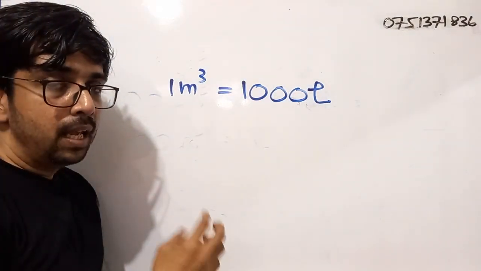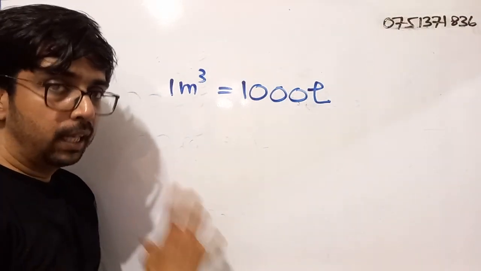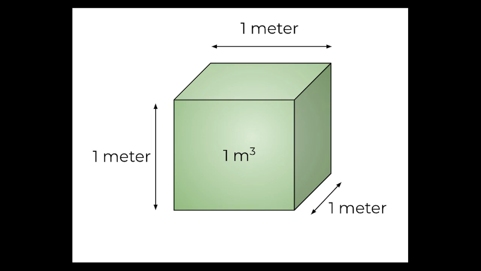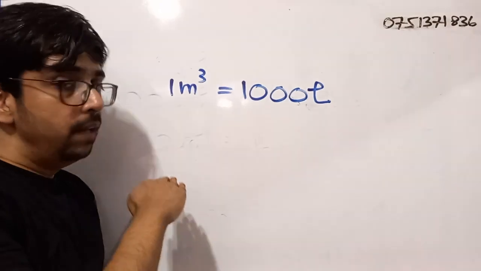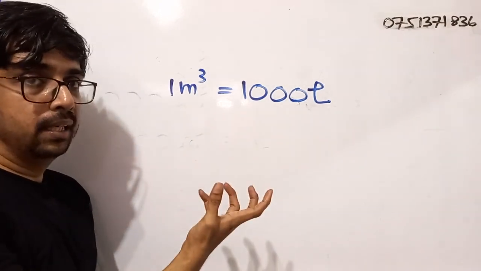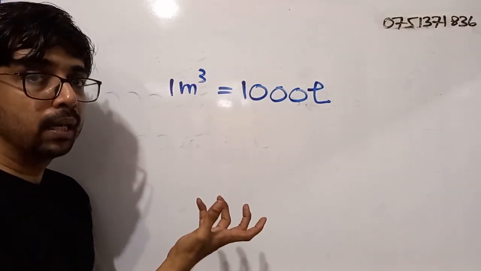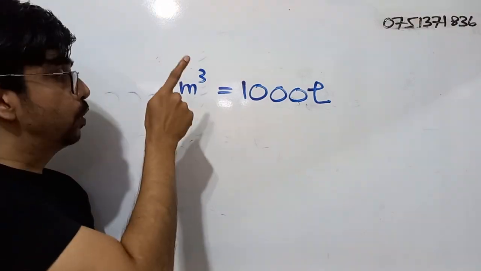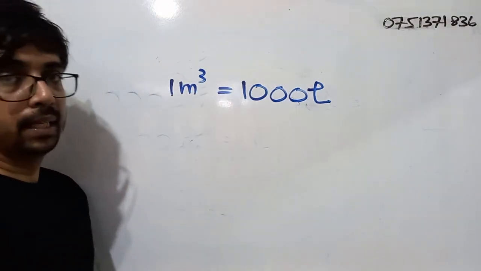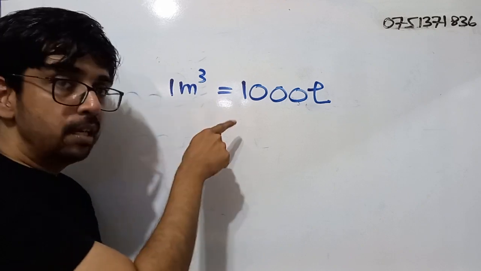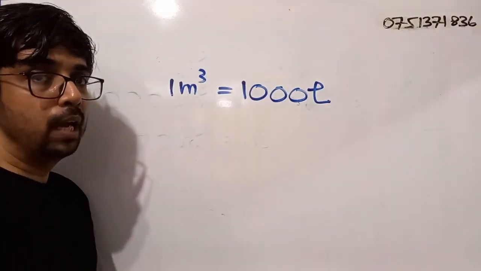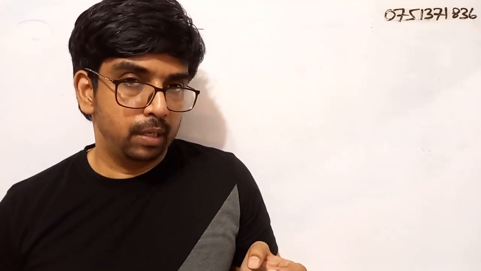That means if we consider a cube which has a length of 1 meter, width of 1 meter and height of 1 meter, the amount of liquid that container can hold is equal to what? 1 cubic meter. So 1 cubic meter is equal to 1000 liters, right? This relationship also we need to apply when we do calculations. Okay, so we will do some questions related to that.